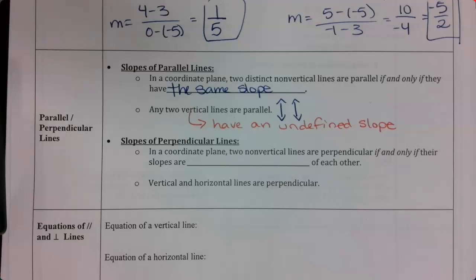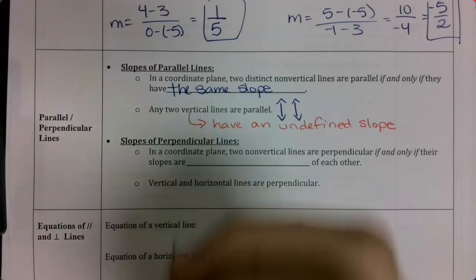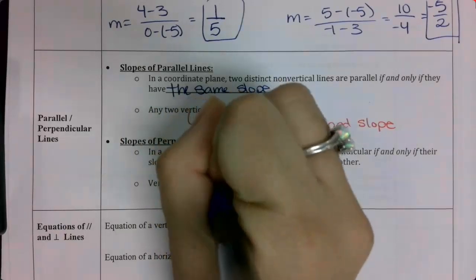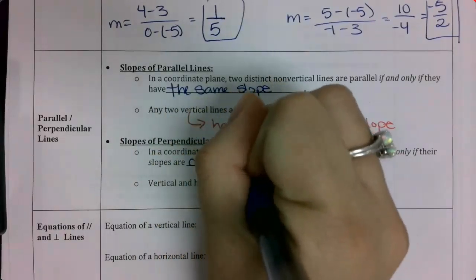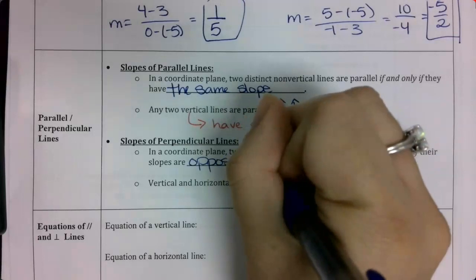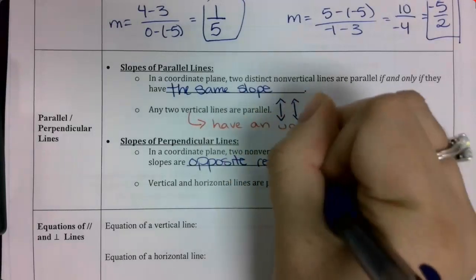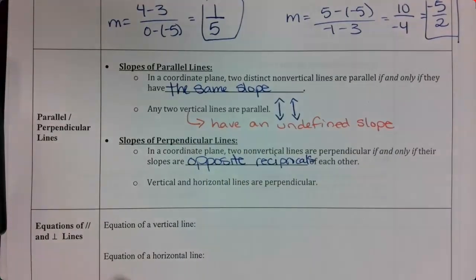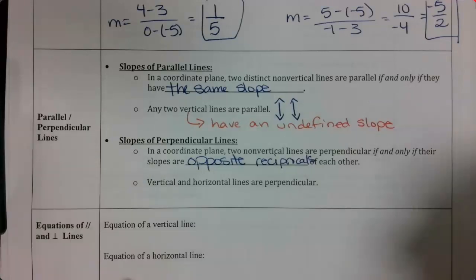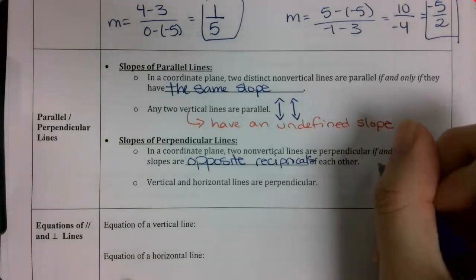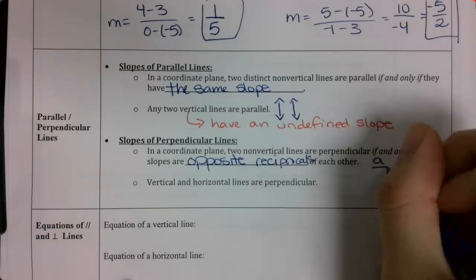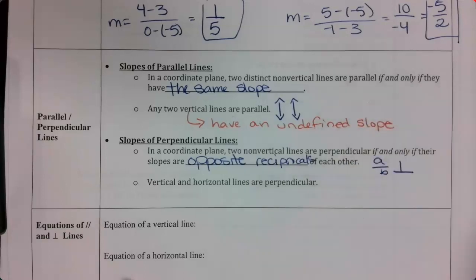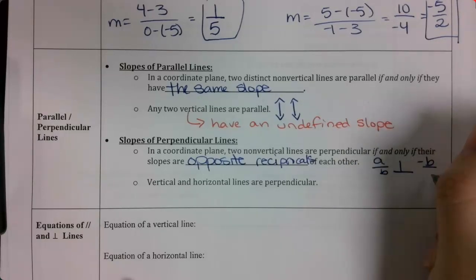So in a coordinate plane, two non-vertical lines are perpendicular if and only if their slopes are opposite reciprocals. So if I have a slope that's a over b, the perpendicular slope would be negative b over a.